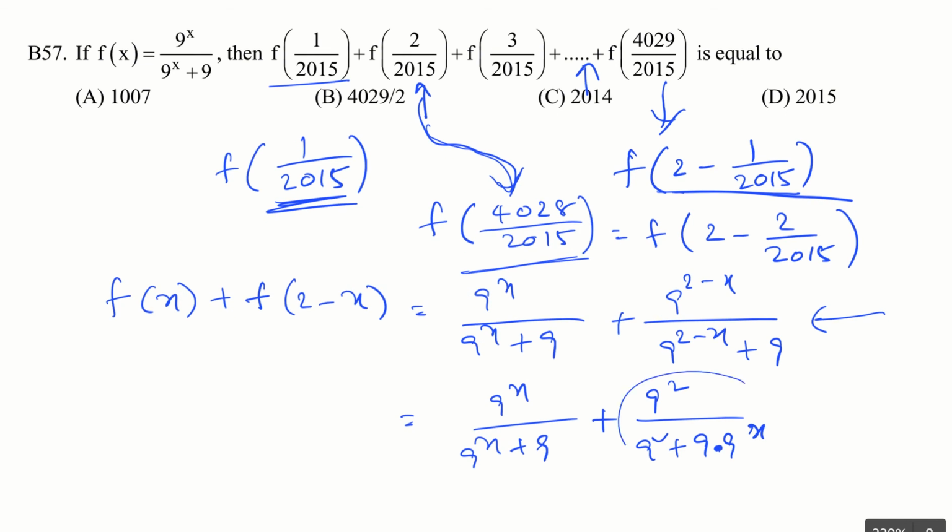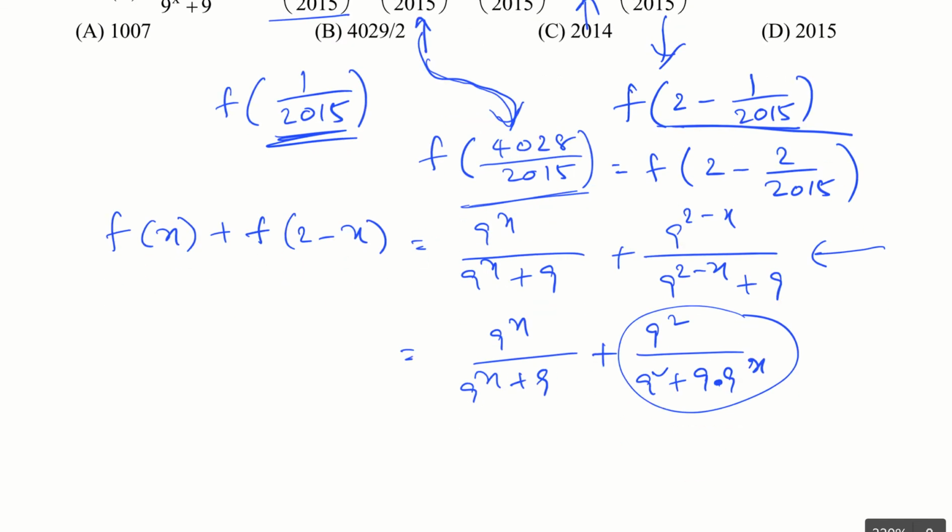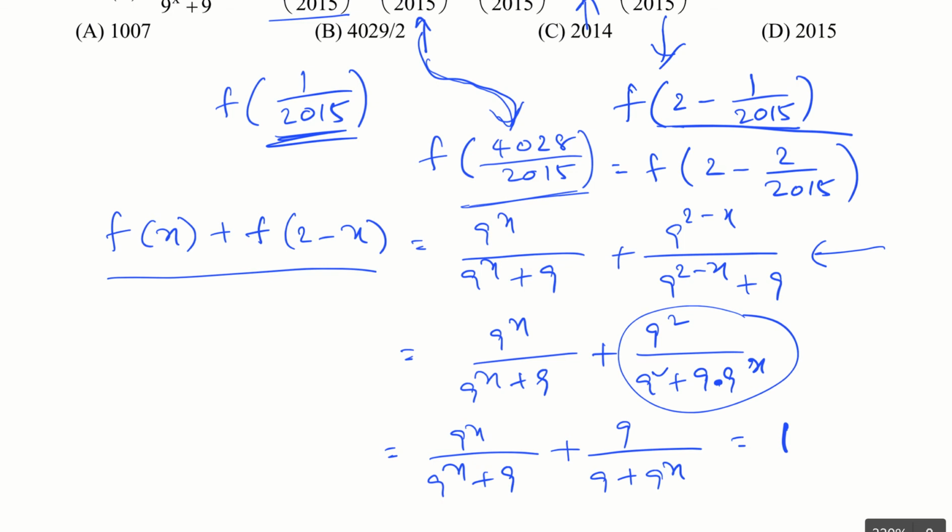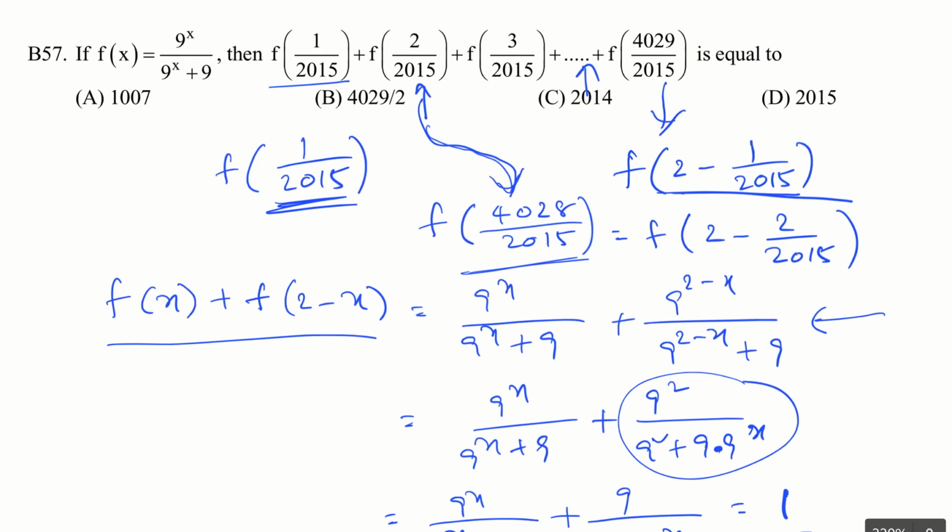So cancelling a 9 in the numerator and denominator, I'll have 9 power x by 9 power x plus 9 plus 9 by 9 plus 9 power x, which is nothing but 1. So we observe f of x plus f of 2 minus x is nothing but 1.